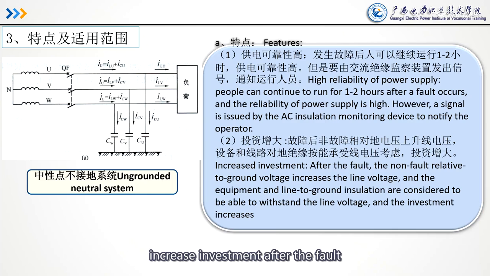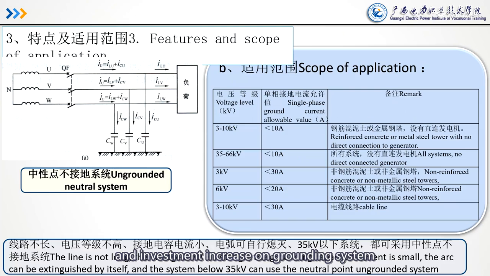Investment increases, since after the fault the non-fault phase-to-ground voltage rises to the line voltage, and the equipment and line-to-ground insulation are considered to be able to withstand the line voltage. That covers the ungrounded neutral system, and now the features and the scope of application.